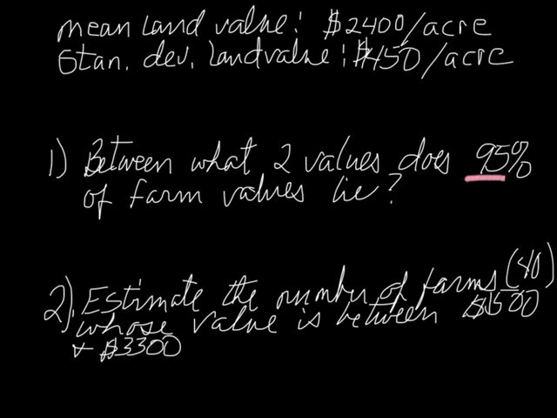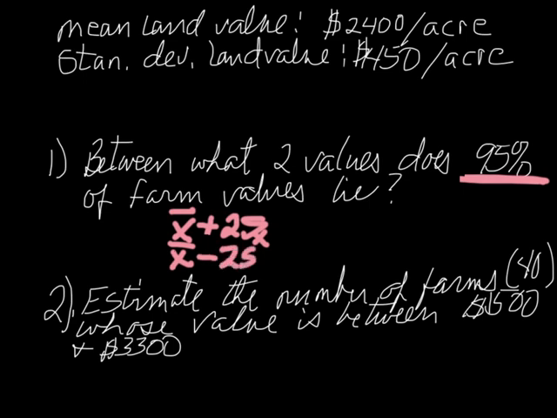Now, that's an important question, because when it says 95%, that tells me it's within 2 standard deviations of the mean. All right? So that means I want the mean plus 2 standard deviations and the mean minus 2 standard deviations. And then I know that's going to contain 95% of the data.